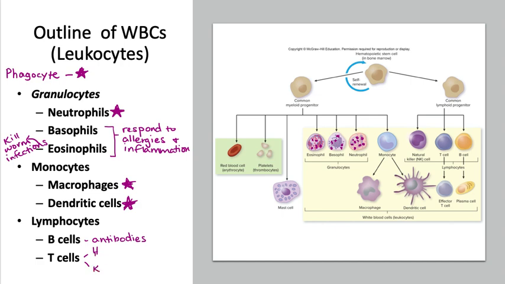Our helper T cells are going to stimulate B cells. And our cytotoxic T cells will destroy or damage our own cells that are either infected or damaged for some other reason.